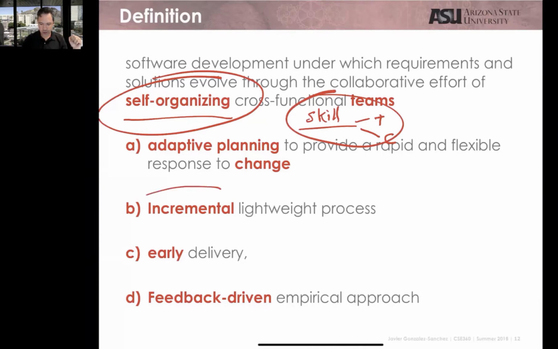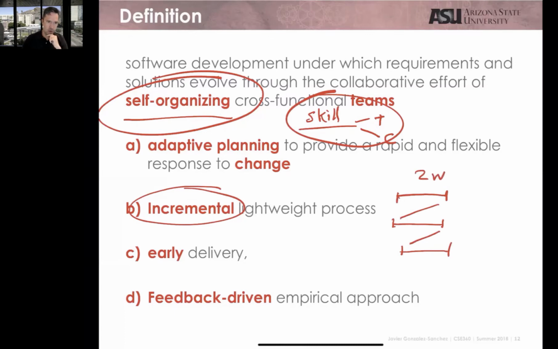You're going to work in an incremental way. Incremental way, if you remember, you're going to do something, and then that something again, and then that something again. These increments usually are going to be 2 weeks. You're going to be working requirement, design, implementation, testing, deliver a product, all the activities in a period of 2 weeks.